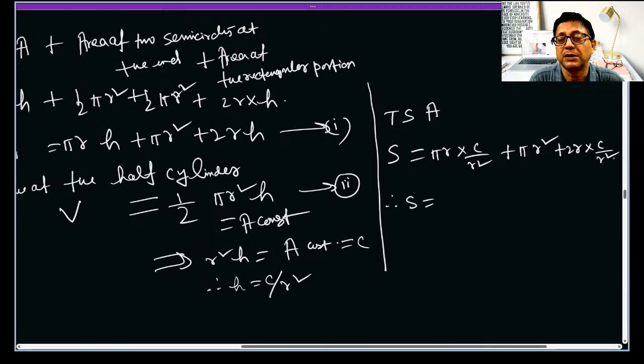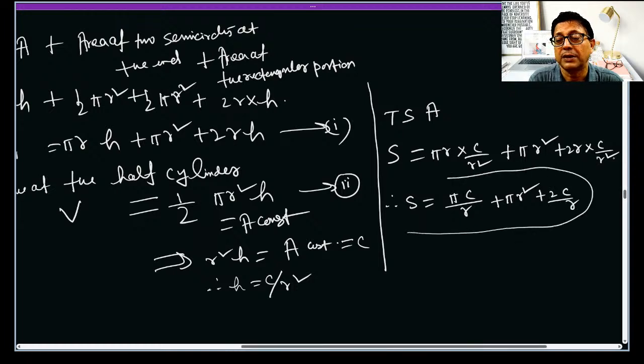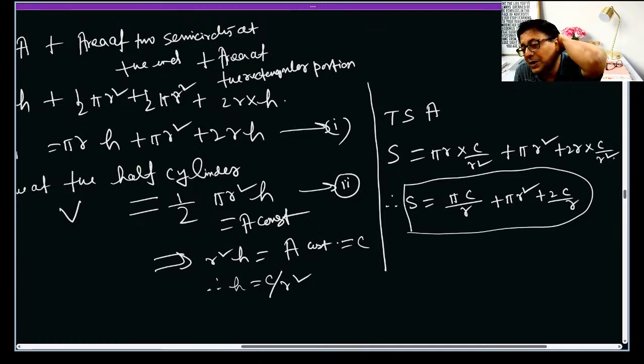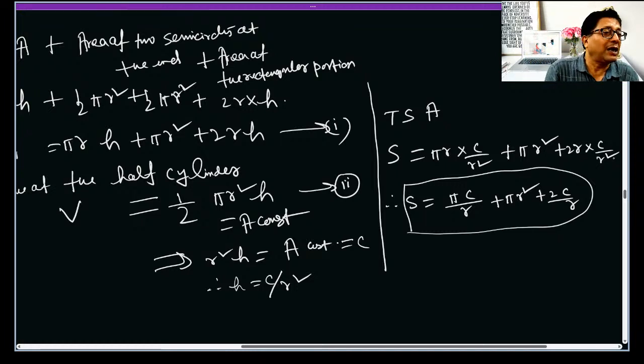Therefore S is pi C by r, pi r square, 2C by r. One variable, our differentiation will be easier.